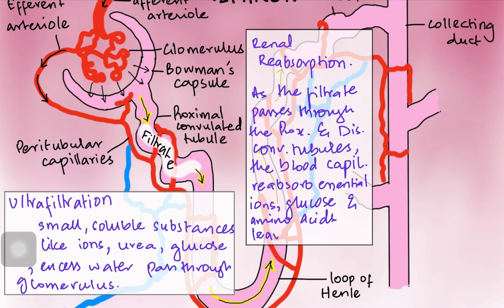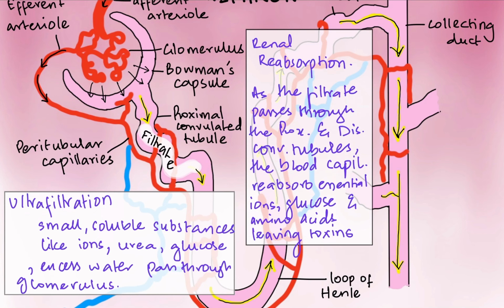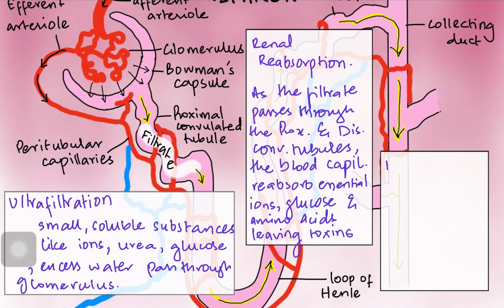What is left behind is the toxic substances like urea itself. And then it keeps on moving through the collecting duct. This is almost the final urine. But finally in the collecting duct something else happens. Finally, water is also reabsorbed as much as possible. So water is also reabsorbed in the collecting duct.